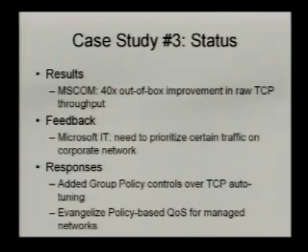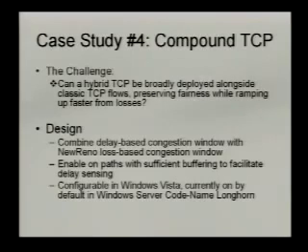So the challenge here, as in the previous case, is how do we actually close the feedback loop? How do we monitor the behavior of an improvement like this on an ongoing basis so that we understand better how to design the end host's behavior based on the requirements and observations that occur within the network infrastructure?